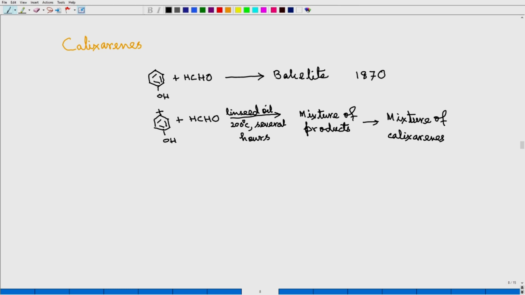Okay. And this calixarenes name was coined by two persons, one of them is Indian also, Gutse and Muthu Krishnan.